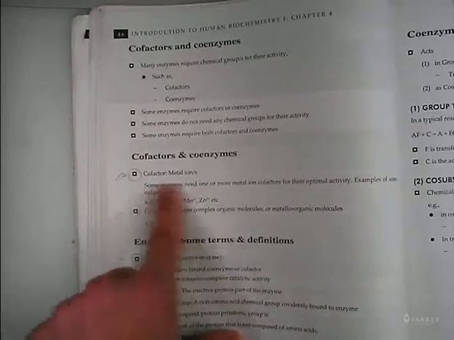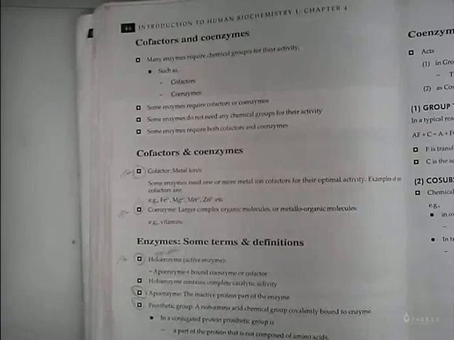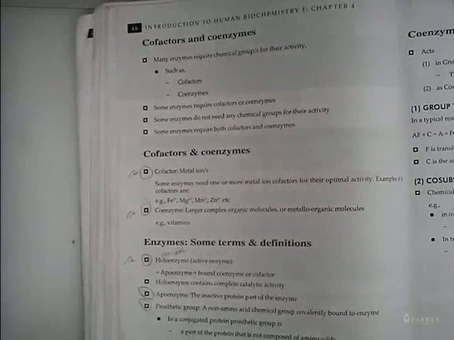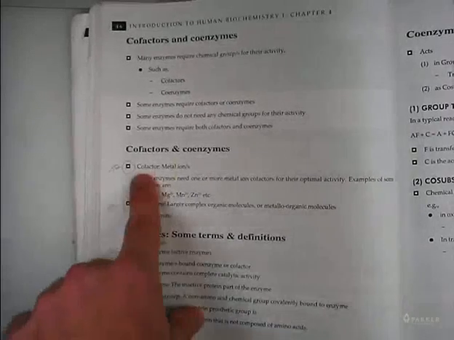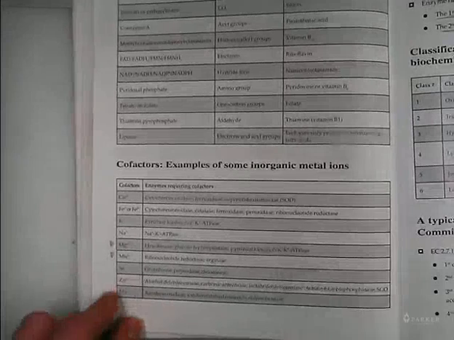But cofactors are all metal ions. That's it. So all your metal ions are cofactors. You're going to need to know these, to differentiate them on the test and boards. Cofactors are your metal ions, and that is all on this next page.